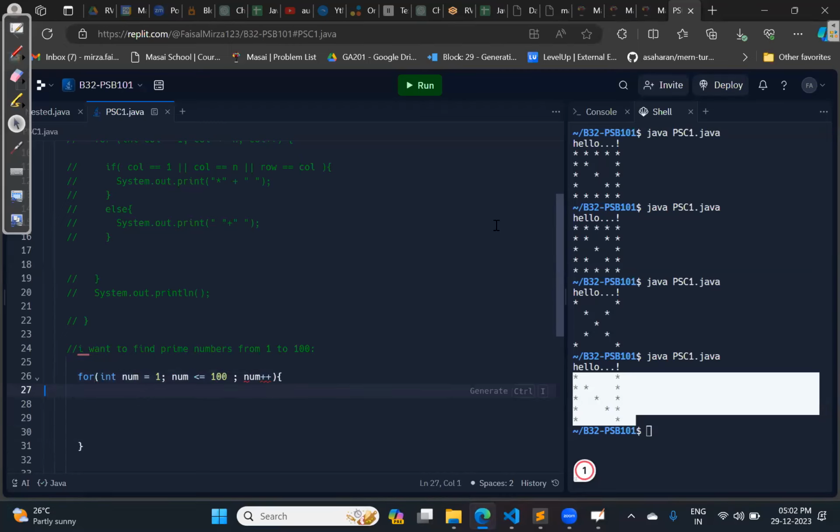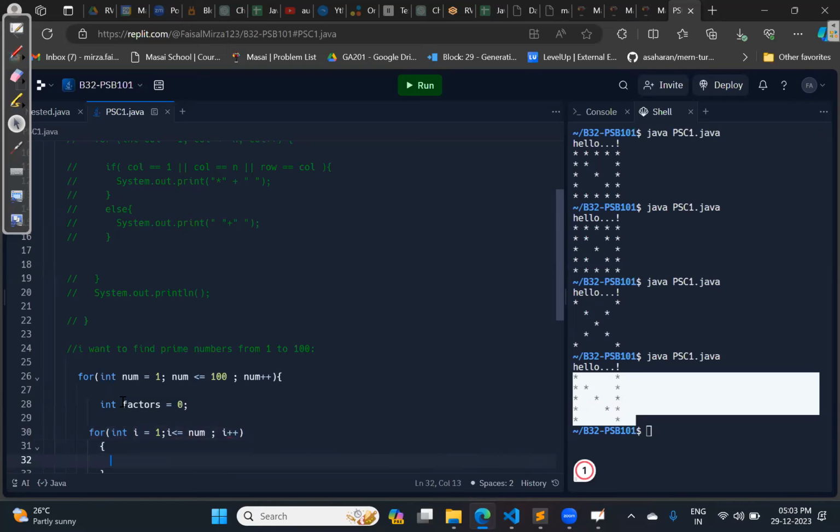After that, I need to take a count variable, or more specifically a factors variable, initializing it with 0. Next, I need to run another loop, and we have to find whether it is divisible by the given number, with I plus plus.